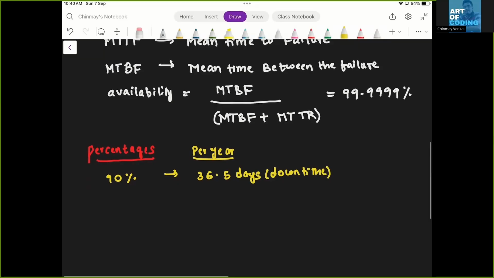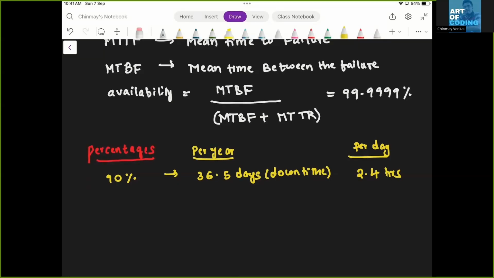Then downtime per day: per day, your application will be down up to 2.4 hours. If your availability is 90 percent, then per day 2.4 hours is going to be the downtime, and at the same time per year 36.5 days go into downtime.